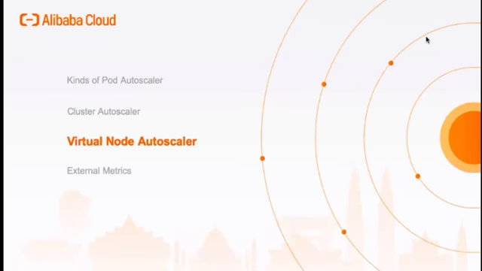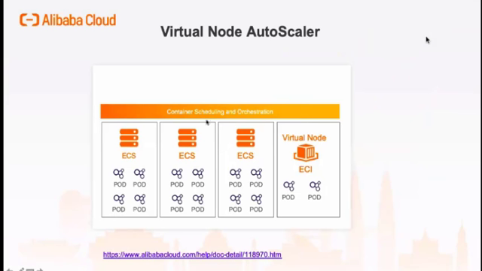So what is the virtual node AutoScaler? For example, this is a Kubernetes cluster with normal pods running on ECS, but you may have some temporary jobs or temporary workloads that don't run for a long time.